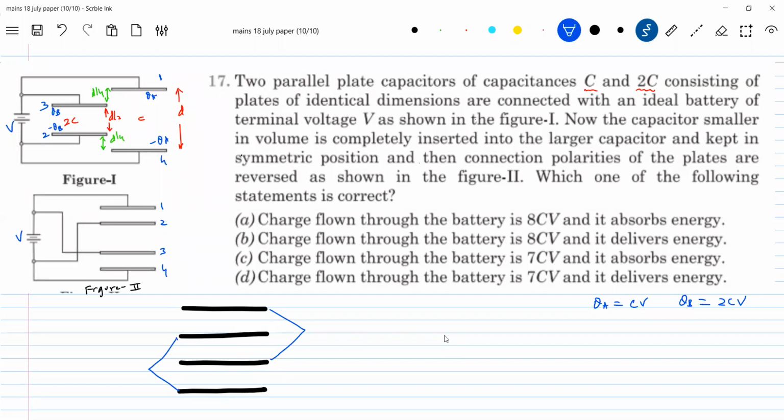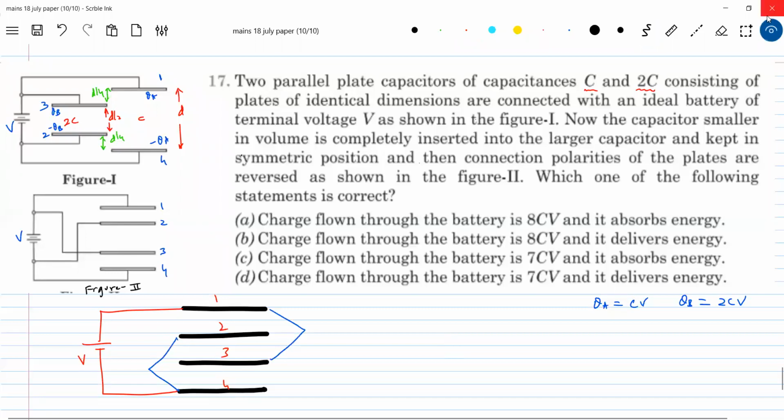I'll bring the battery now. One, two, three, four. Look at this problem, where the negative terminal of the cell is connected to plate 4, no? So I didn't change it, as it is, you see. Now also in the second diagram, negative terminal connected to plate 4. Negative terminal connected to plate 2. So you see this.